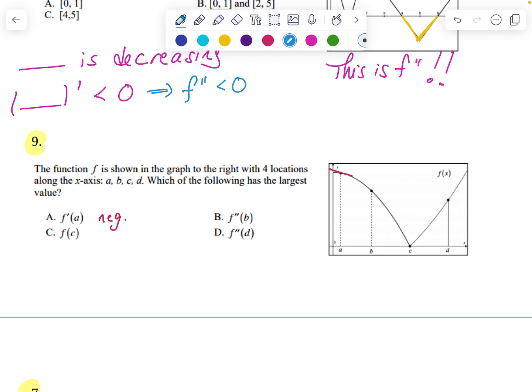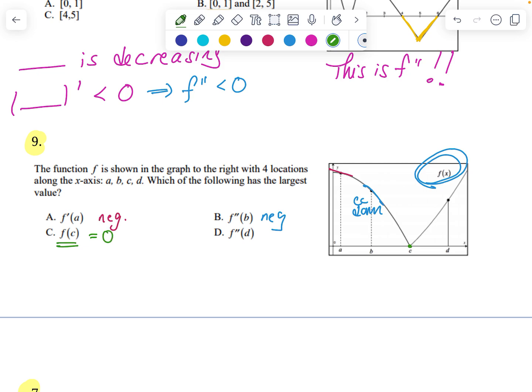B says f double prime at B. Well, second derivative information, this is the original function. Second derivative information would be about concavity, and this is concave down. So this is also a negative number. And so far we've got two negative numbers. Interesting. f of C is 0.